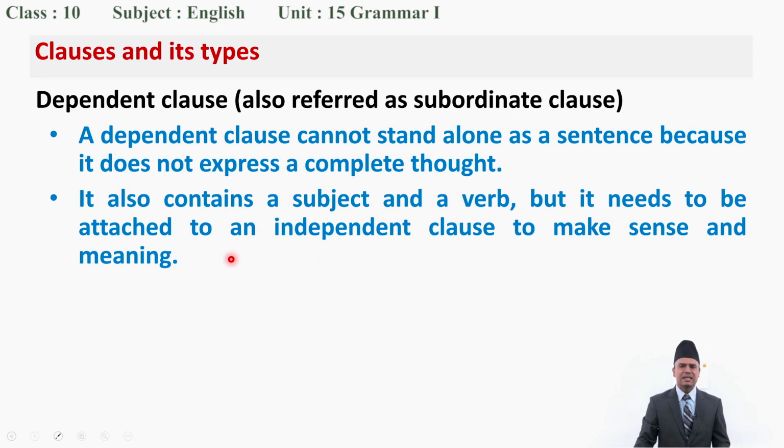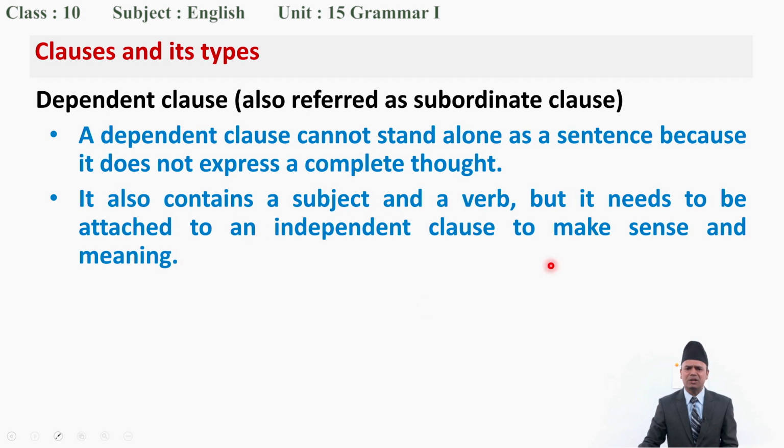That means it is very necessary to join or to attach with an independent clause. That means to make a complete meaning, to make a complete thought, another clause is required. That clause is the independent clause. So only in the presence of an independent clause is it complete.